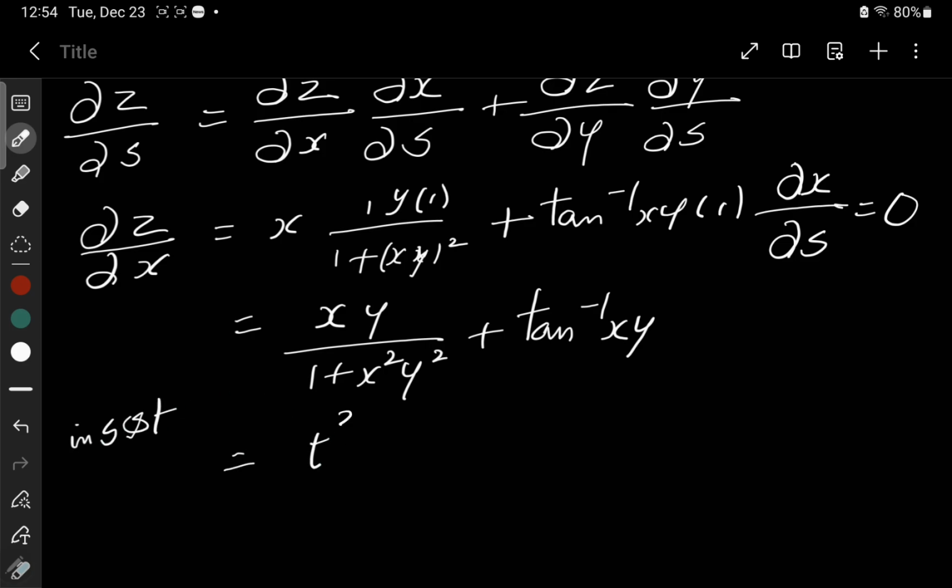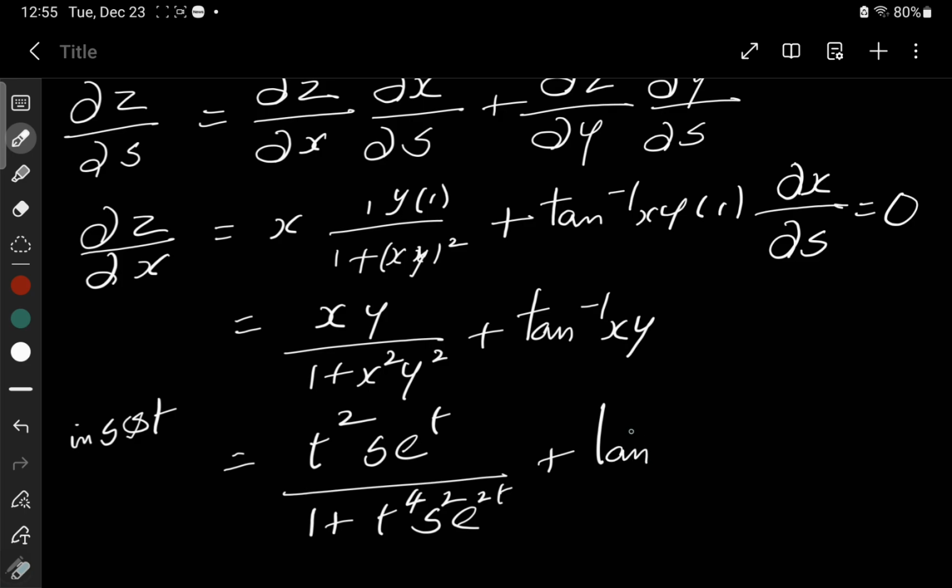Replace x as t squared, y as s into e power t: t squared s e power t by 1 plus t power 4 s squared e power 2t, plus tan inverse of t squared, s into e power t.